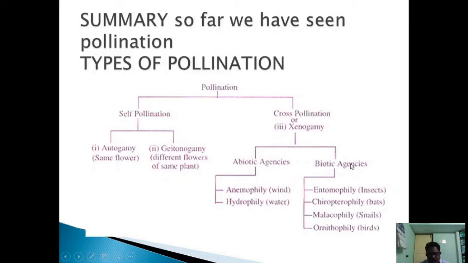And biotic agencies like insects, bats that pollinate the flowers are given separate terms. Pollination even by snakes occur, which is called as ophiophily, which is not mentioned here. But most commonly pollination occurs by bats and insects, and one of the very important pollinating agent is the bee.